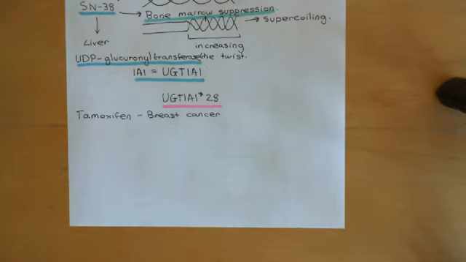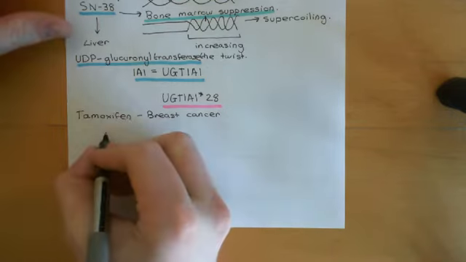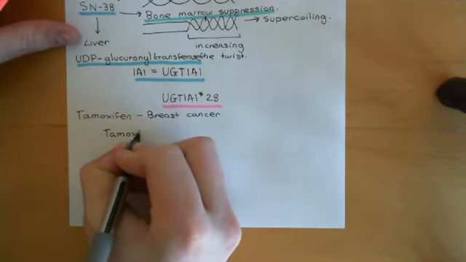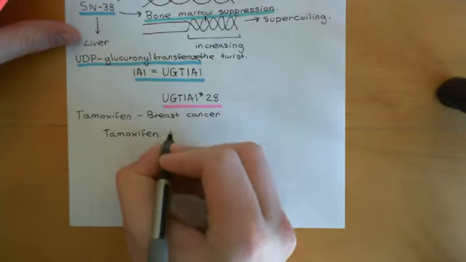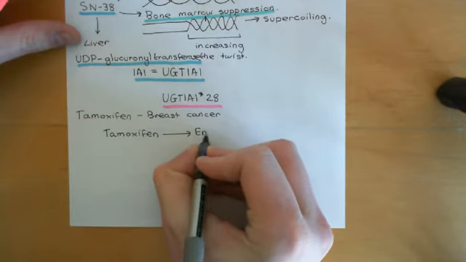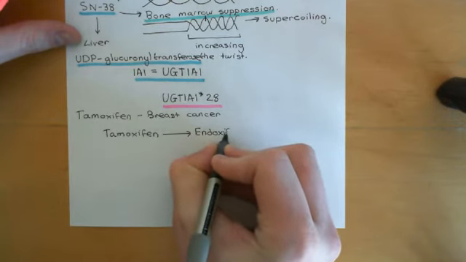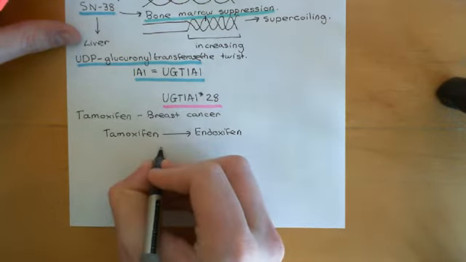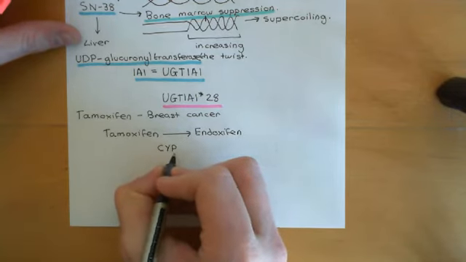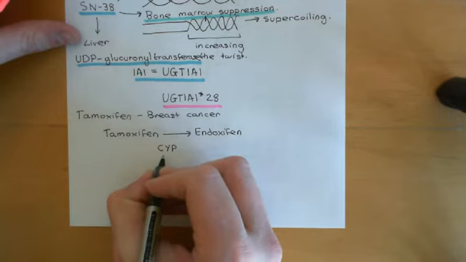So firstly, before we see which forms of breast cancer tamoxifen is actually used in, let's see how tamoxifen works. Tamoxifen again is a prodrug. It has to be activated by an enzyme within the liver to something known as endoxifen. Tamoxifen is activated to endoxifen by an enzyme in the liver which is a cytochrome P450 enzyme and therefore has the prefix CYP.